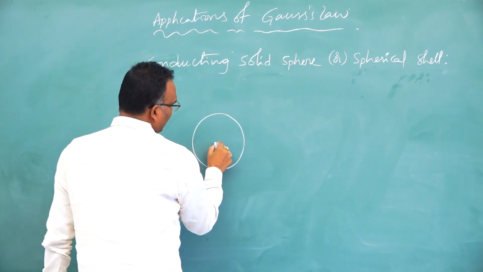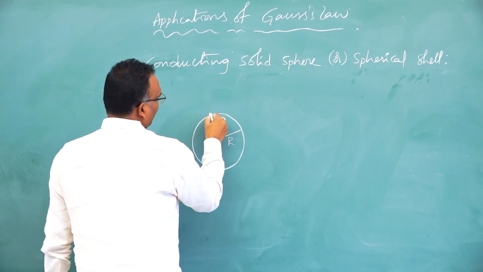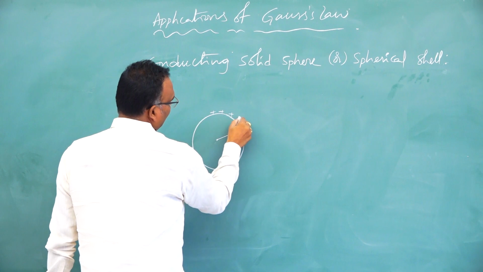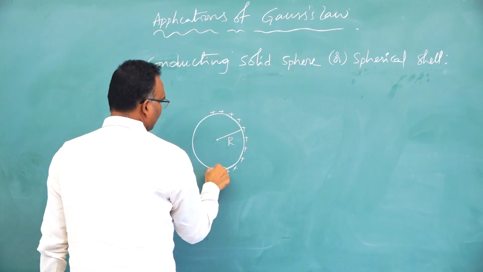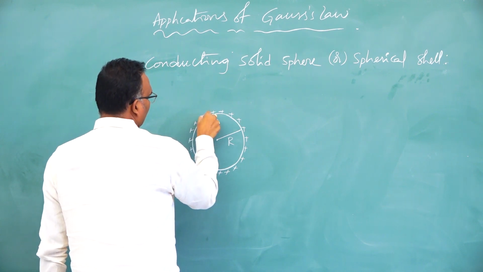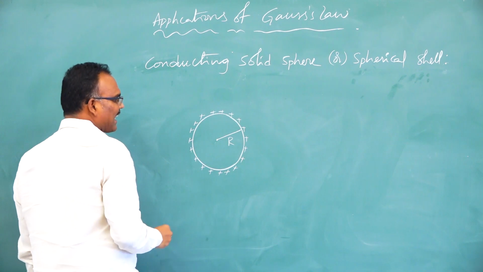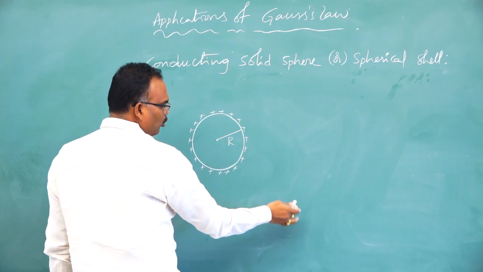Okay. If we take a sphere of radius r, Q amount of charge is distributed uniformly over the surface. I need to calculate the electric field due to this sphere at a point outside the sphere.